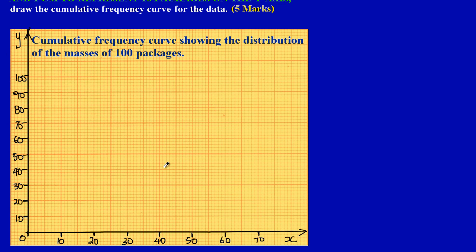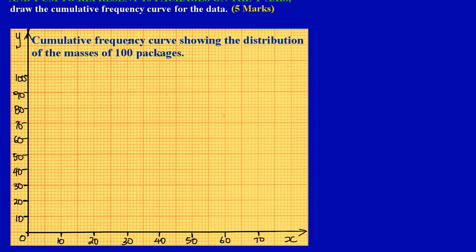So now it's time to draw the curve. Let's make a few quick pointers. As you can see, my x-axis and my y-axis are carefully labeled. That's an error that students usually make, forgetting to do that, so please don't do that in the exams. Now if you notice again, my graph has a title.